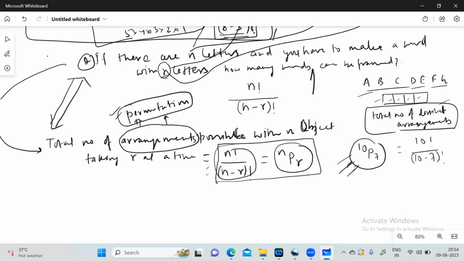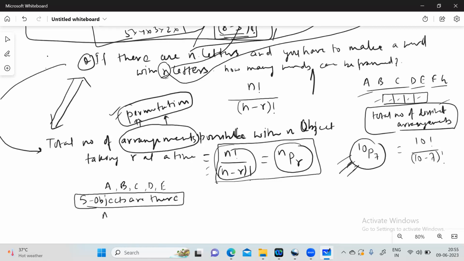So now let me give you an example. Let's say A, B, C, D, E, 5 objects are there, and you have to arrange 2 objects in whatever way possible.